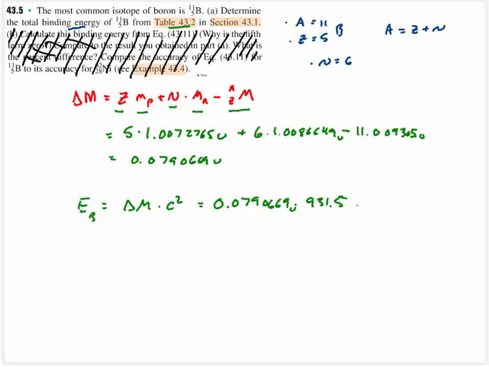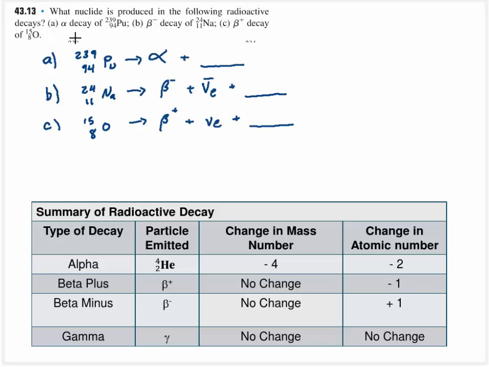So this is again going to be mega electron volts per u, and we're going to work our way out to about 73.65 mega electron volts.